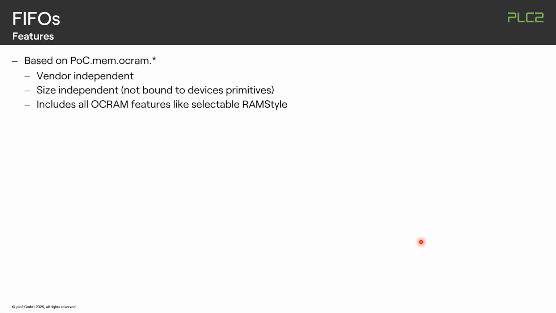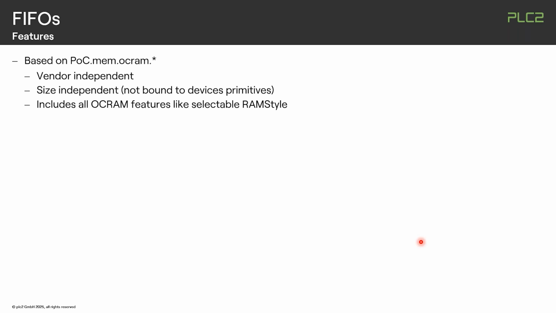Okay, so based on these primitive implementations of memories, we can now compose FIFOs. And as the idea is of PoC, and we call this a PoC-Library because they are IP cores dependent on other IP cores or modules inside of the library itself. It's not just a collection of IP cores. Of course, our FIFOs are dependent on the OCRAM.